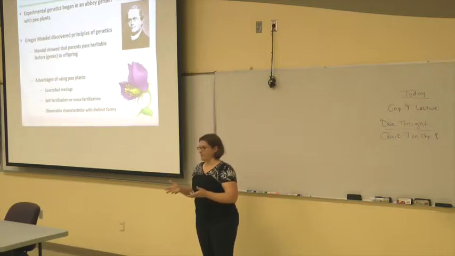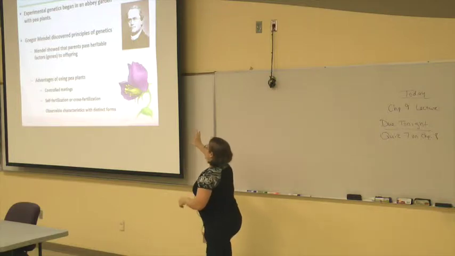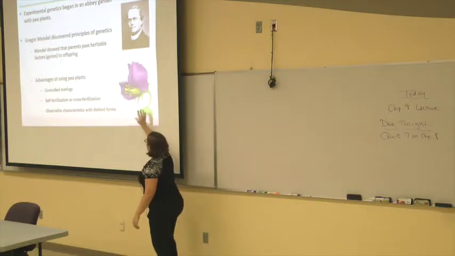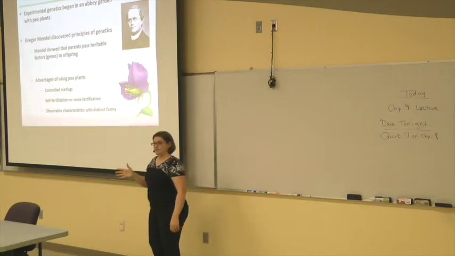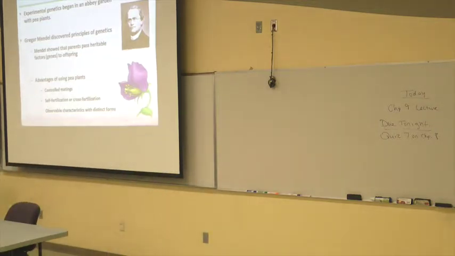That way he could control the mating. He can make sure that flower cannot fertilize itself, it can only fertilize another flower, which is sexual reproduction. Then he could look at those different characteristics and quantify the abundance of a certain trait versus another. So let's take a look at what he did in his experiment.